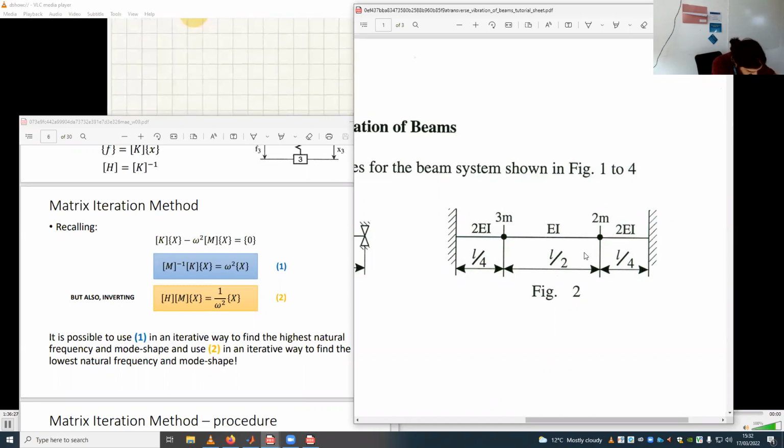So apparently Alessandro has spotted a mistake in the official solution of this beam. So let's check who is right. We have 2, 4, 2, 3, and 3. So we have L divided by 4, L divided by 2, L divided by 4.